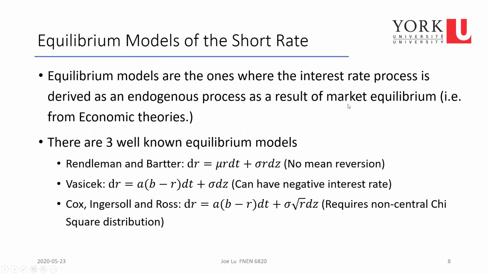Basically, if you laid out the fundamentals of economic theory and you build an entire economy there, how the production is going to be like, what is the endowment of this economy, what's the technology in the economy, and you look at everything within the economy, then you use economic theory to determine what process that instantaneous interest rate must follow within that economy.